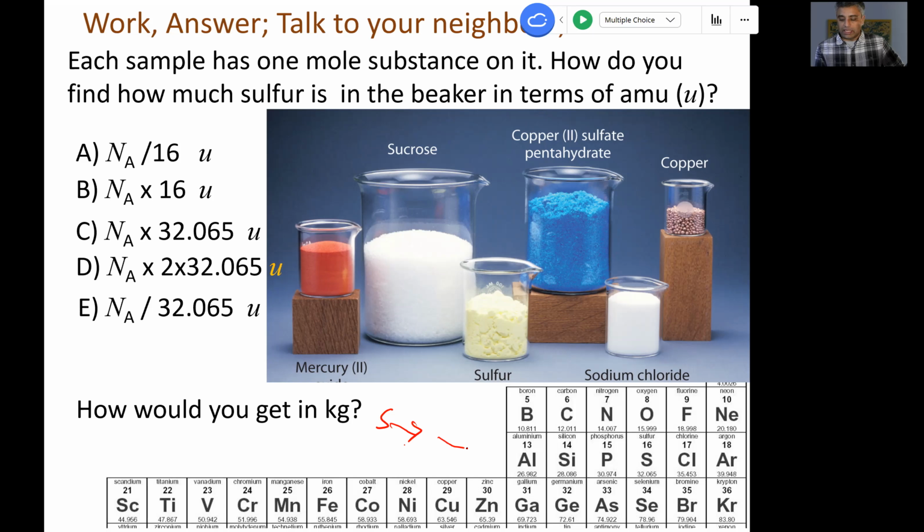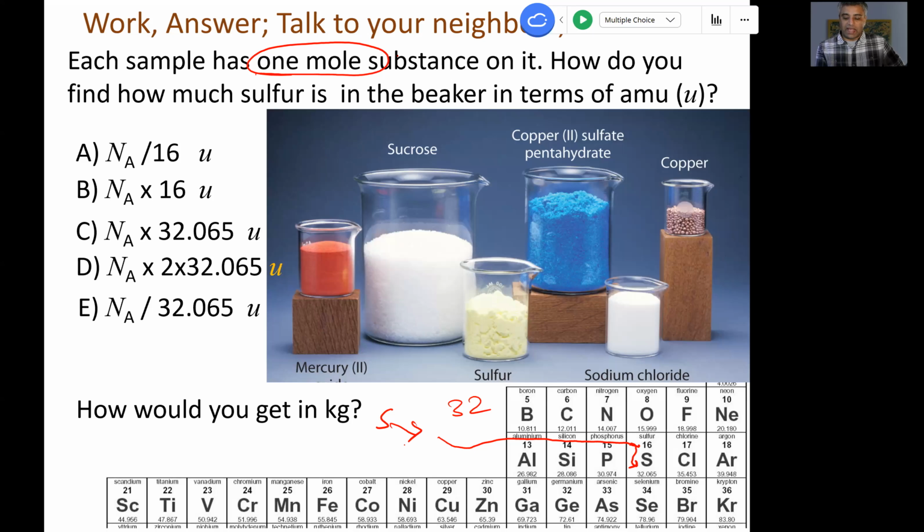For that we need to go here. Hey, that's not the atomic mass, that's the atomic number. That's the atomic mass. So it is 32 for one atom. Now, to find the mole, it says 1 mole.